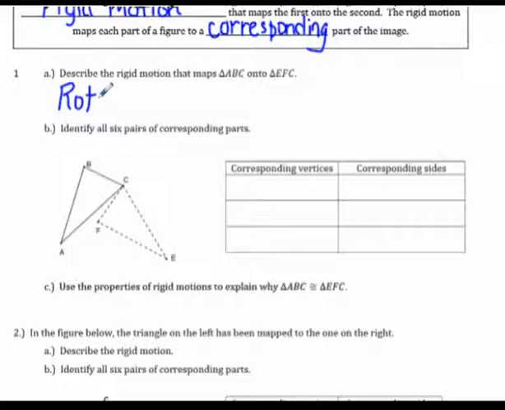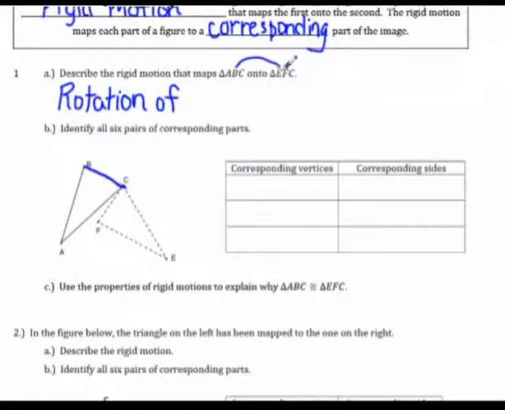But remember, just stating a rotation, that's not really describing it. We have to give more information. So it's a rotation of, now let's get the angle of rotation in the center. We can tell that the center of rotation is going to be point C. So to get the angle of rotation, connect, for example, it's actually already done for you, but I'll just trace it here. If I connect B to the center of rotation, and now I'm going to go back to looking at A to see, okay, where does B map to?